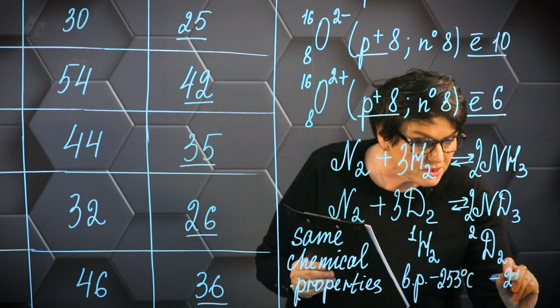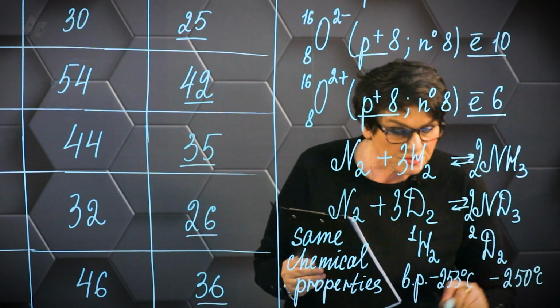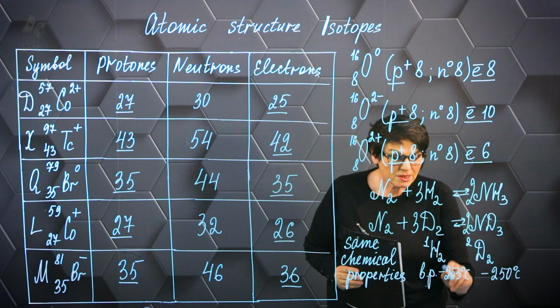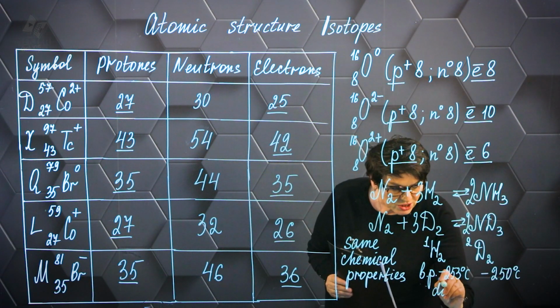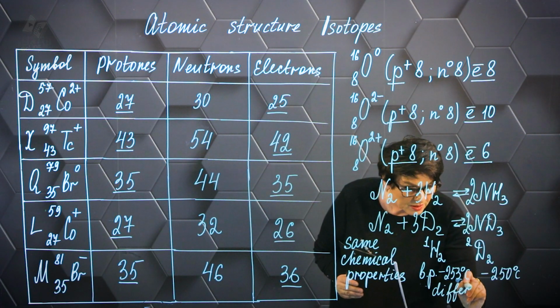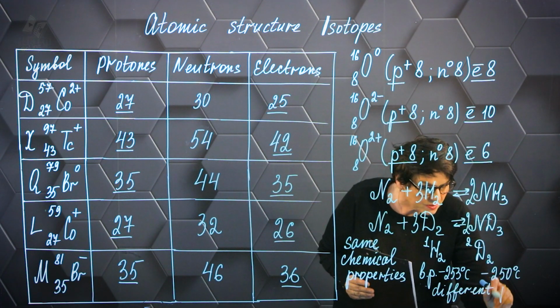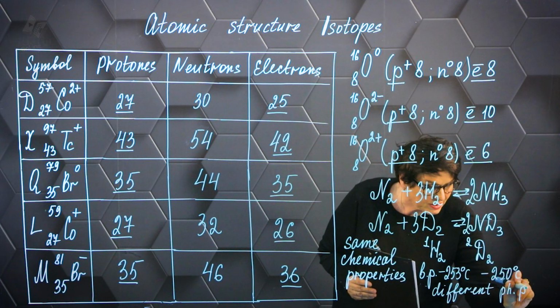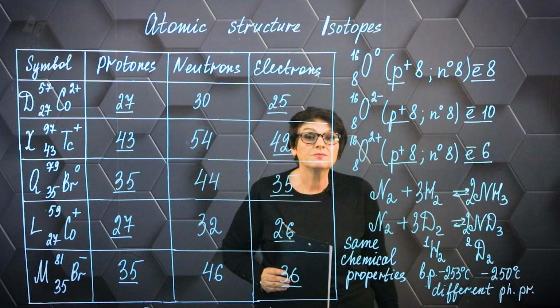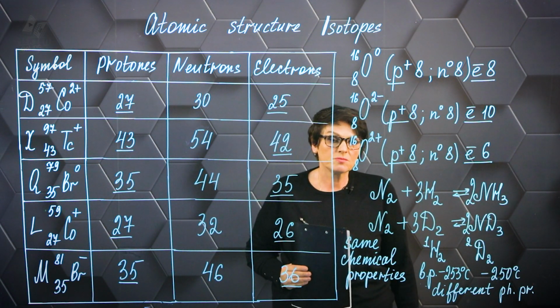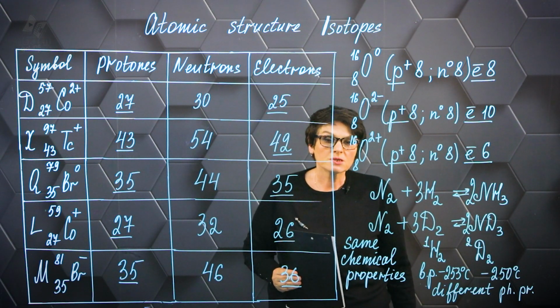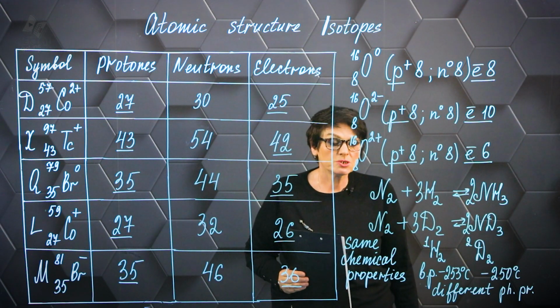So they differ in physical properties. Isotopes are very important particles that form elements. All chemical elements have isotopes. They can be stable or unstable.